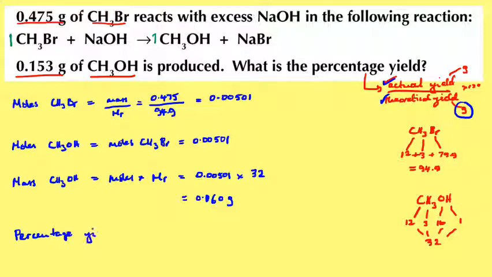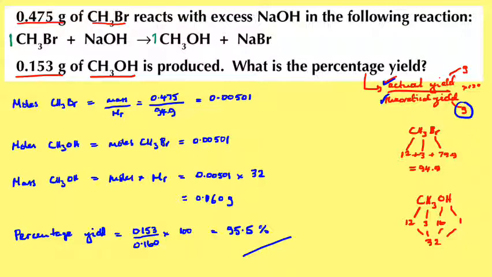Percentage yield of methanol equals the actual yield given in the question divided by our theoretical yield, which we worked out, times 100, which equals 95.5%. So pretty efficient. And there you have it. That's as far as percentage yield goes. I think you have it now.